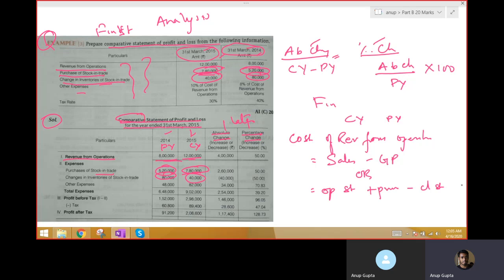So let us see what opening stock, closing stock, and purchases are given in the question, and start with that.